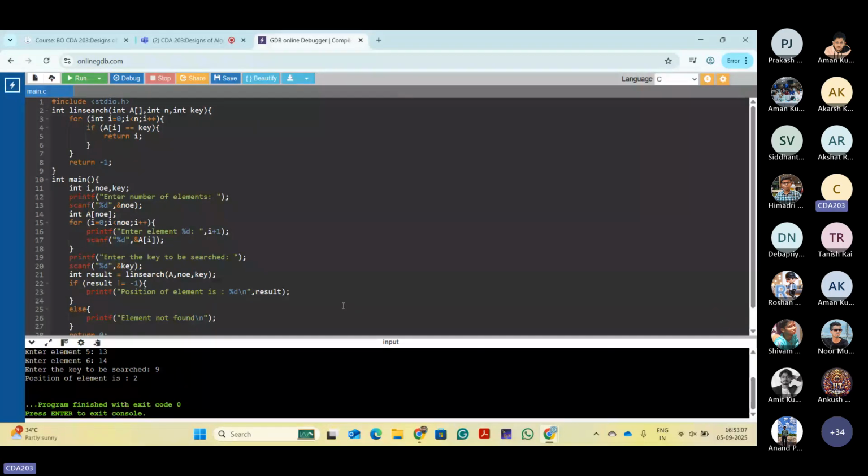There is an inbuilt function here. If you use the math.h header file, and you write sqrt n, it will give you the square root of n.